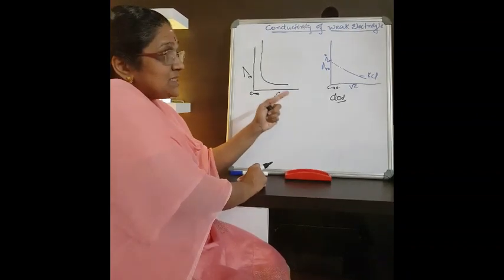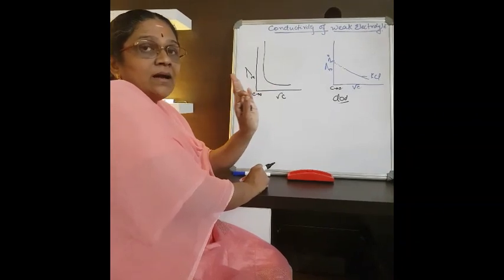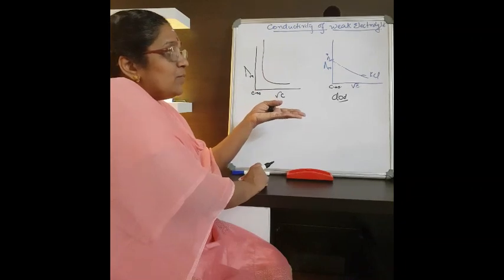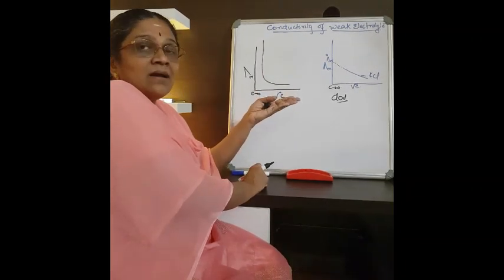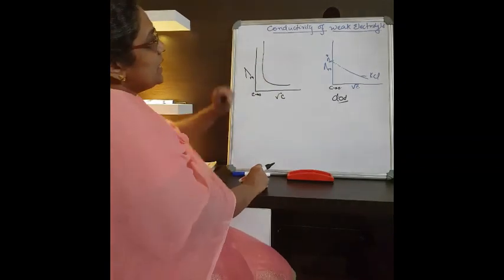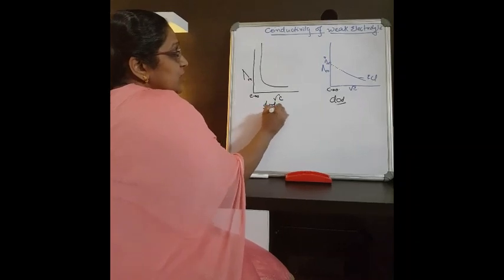So the only chance for the increase in the molar conductivity is the attractive force. There is a weakening of attractive force, thereby the conductance increases as the ions move more freely. That's all. But when you come to the weak electrolyte, it mainly depends on the DOD or the degree of dissociation.